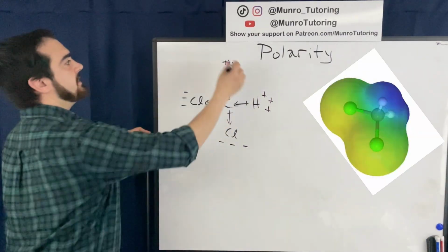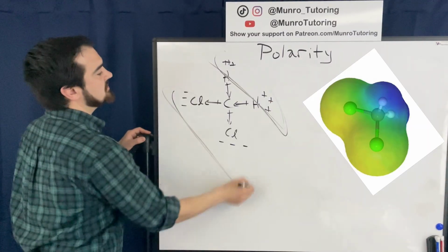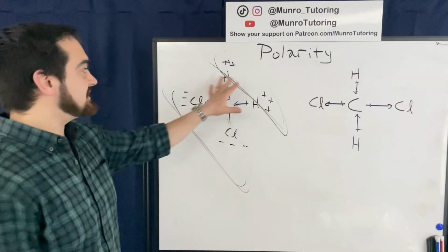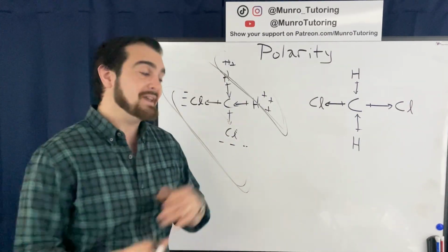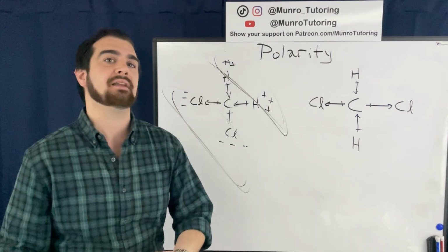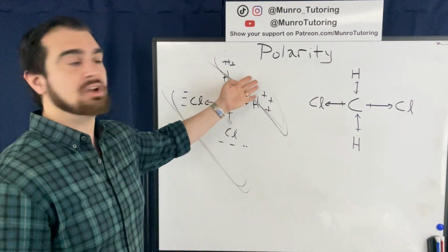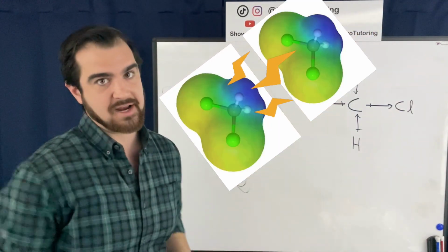And so this region of the molecule is deficient in electrons. This region of the molecule has an excess of electrons. And so if we had another of the same molecule float over, it would align like magnets do, with the positive side of this molecule attracted to the negative side of the next molecule over, right?